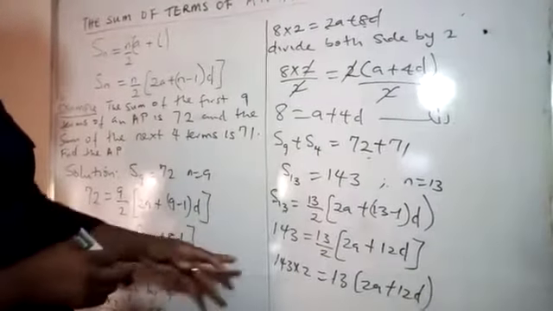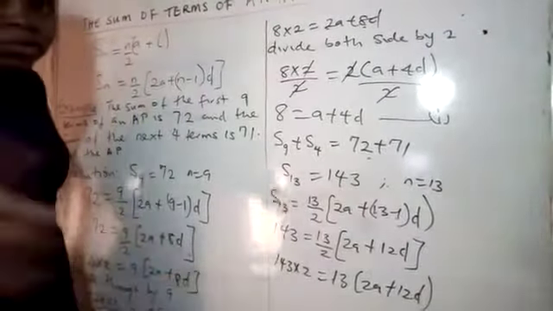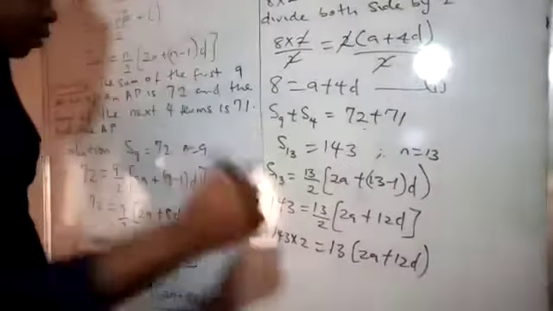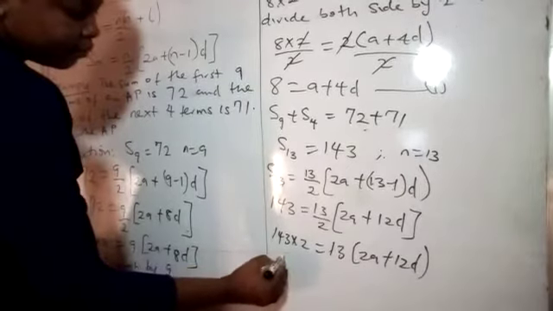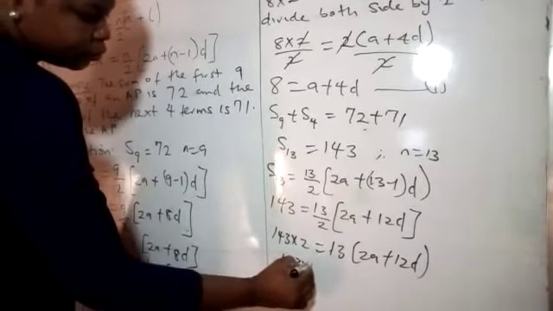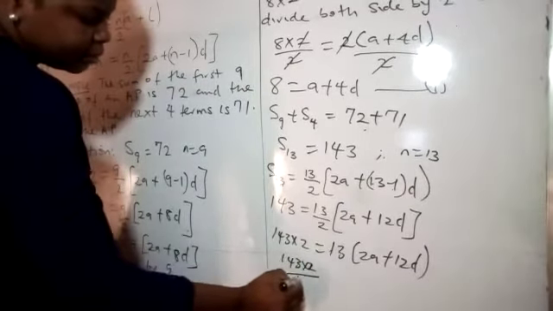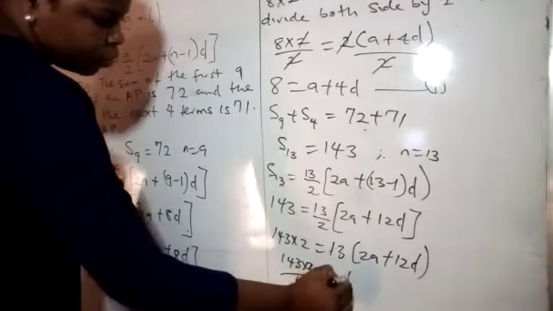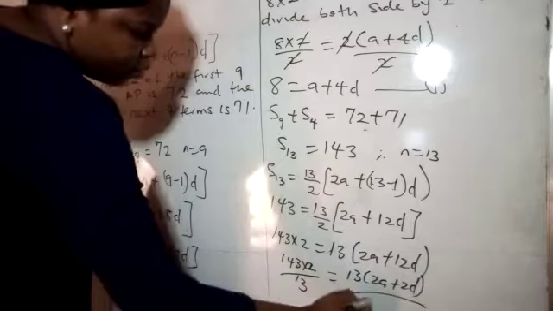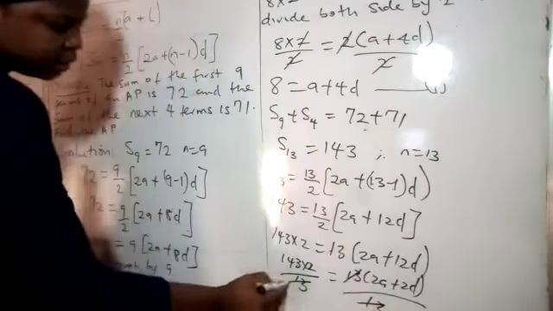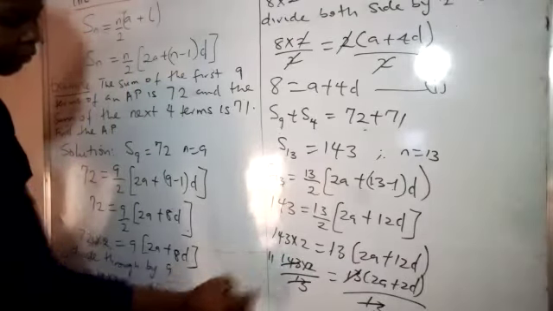Now what's the next thing to do here? If I divide through by 13, I'm going to have 143 times 2 divided by 13 equals 13 into 2a plus 12d all over 13. We cancel 13. 13 in 143, that is 11.